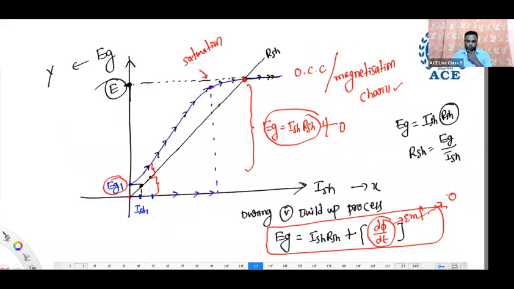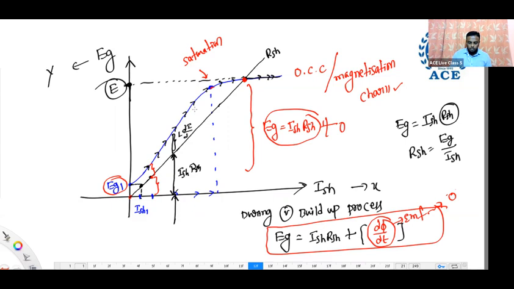All of you take this figure, the completed figure, this OCC diagram. See, below the resistance line, suppose at this field current, this much is the voltage drop due to resistance. This is ISH into RSH. And what is this remaining voltage here? This voltage is L di by dt.